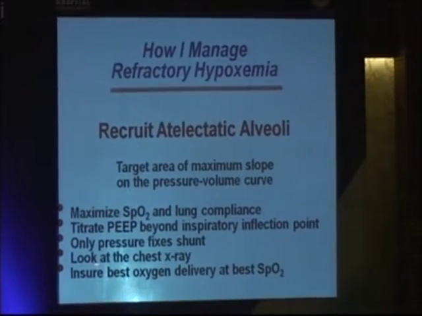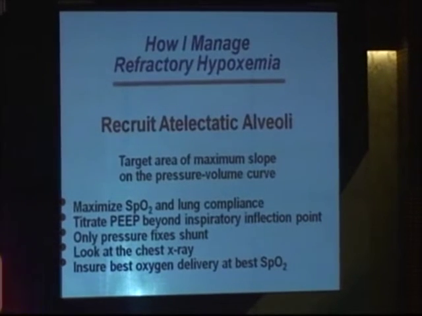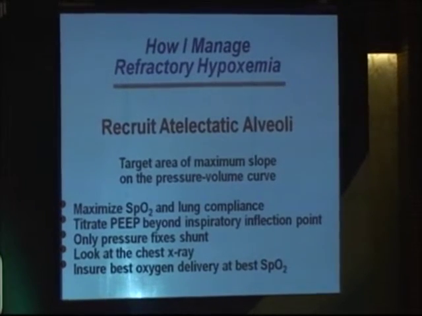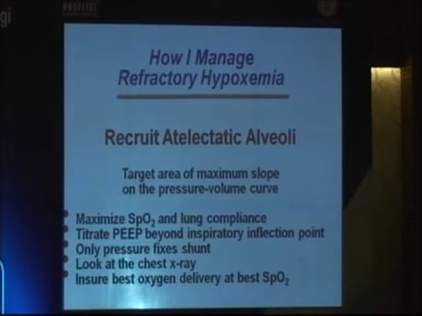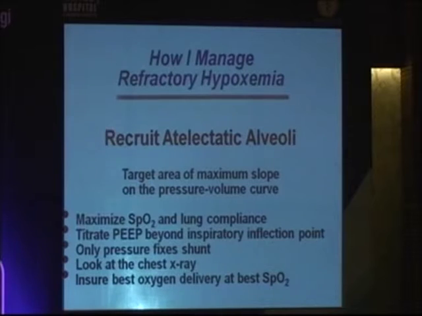This is particularly important in terms of making sure that you are not over-distending the lung. And then lastly, take a look at the concept that although you may improve saturation and oxygenation, at the same time you may be impairing oxygen delivery. So ultimately you want the best positive end expiratory pressure that is associated with the best oxygen delivery.